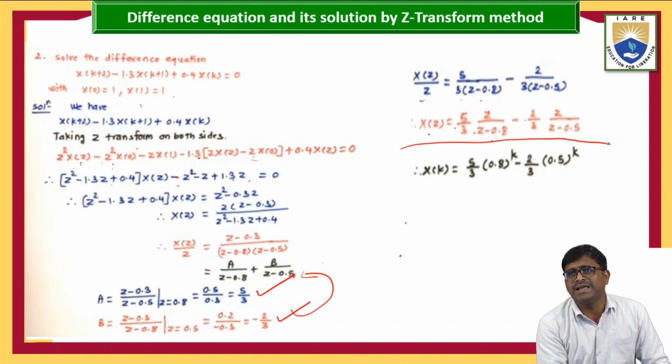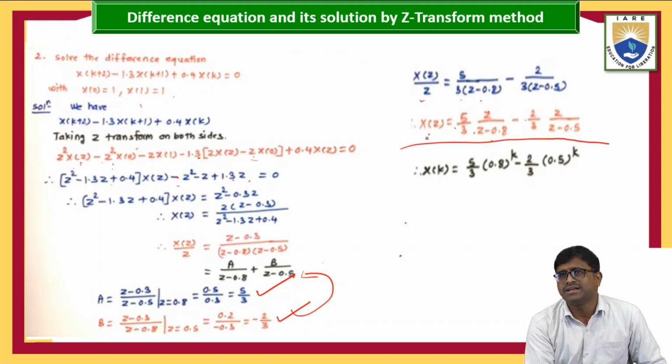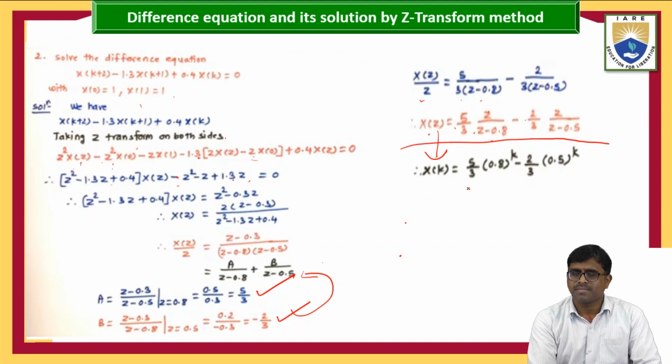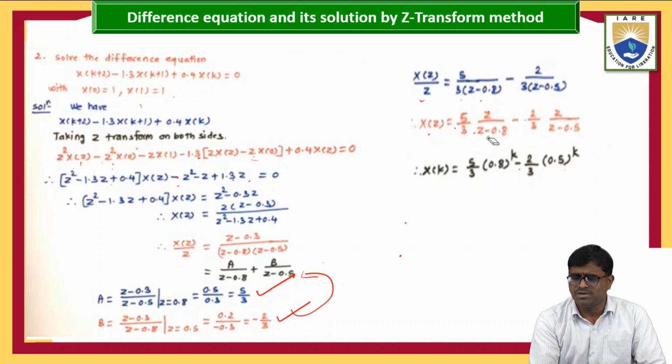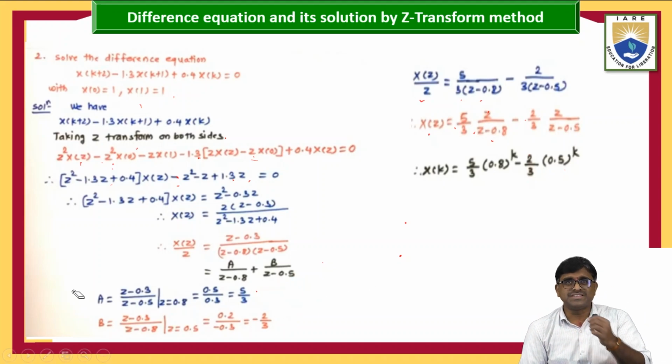After this, apply the inverse z transform, so x of z goes to x of k: 5 by 3 into 0.8 to the power k minus 2 by 3 into 0.5 to the power k. You know the formula for this; the last class has already explained it. You know the z transformation, so this is the way we solve the difference equation.